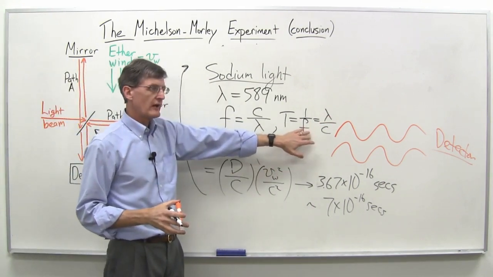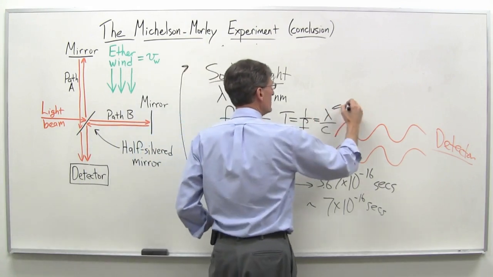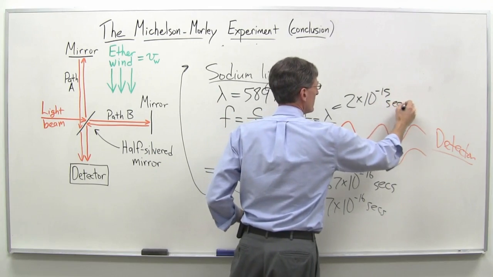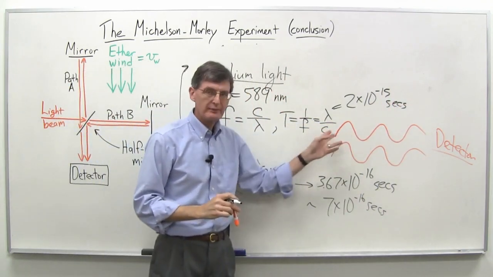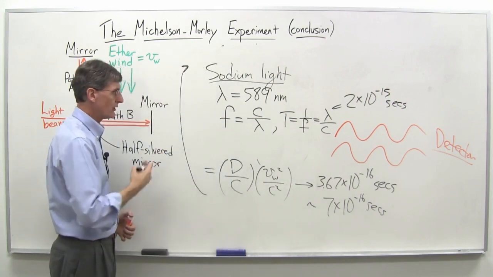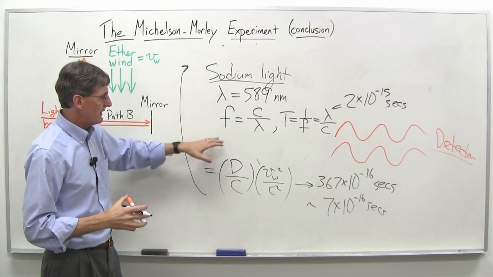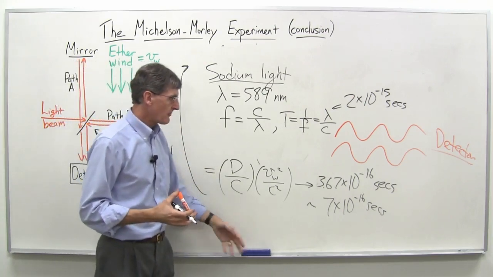If you do this calculation, you will find the period for sodium is about 2 times 10 to the minus 15 seconds. Again, still a very small amount, the difference between the peaks in this bright, yellowish sodium light.